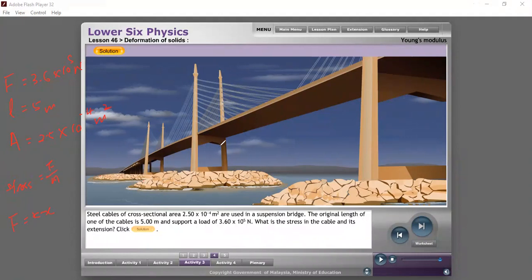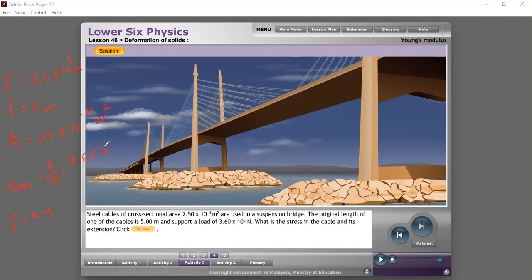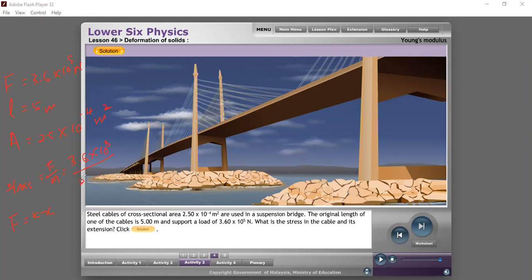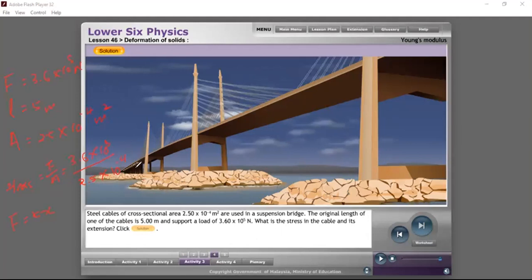Using stress, F is equal to 3.6 times 10 to the power 5 over the cross-sectional area, which is 2.5 times 10 to the power -4 meter square. So we get the stress. And F equal to Kx.